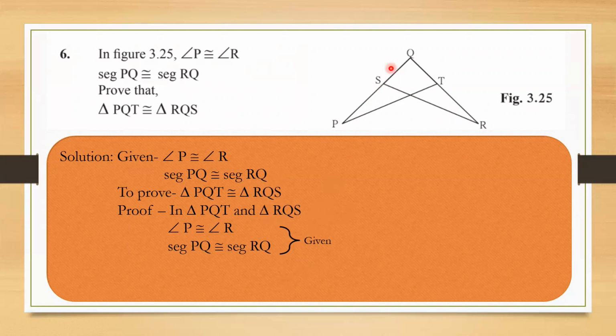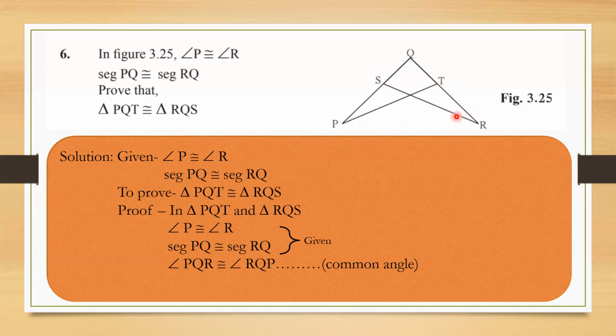Now write down the full form of angle Q. First, in the first triangle, what will be the name of angle Q? PQT. So here I have made a mistake. I have to repair the mistake. Angle PQT will come here because that is there in triangle PQT.